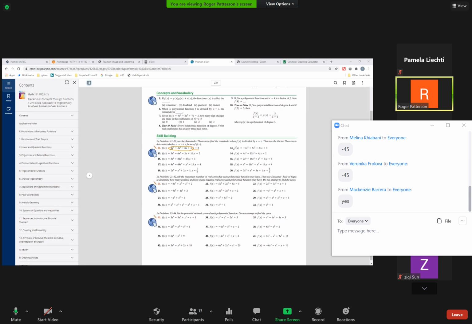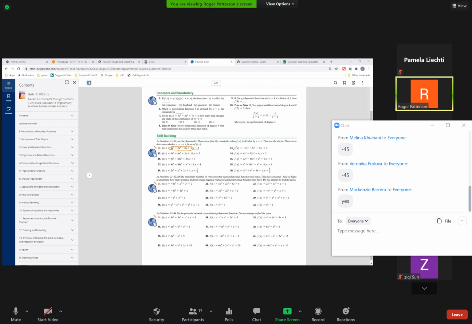And if we get a remainder of 0, what are we going to say? It's divisible. We're going to say that x minus 2 is a factor. So when we do that and we get a remainder of 0, then x minus 2 is a factor.